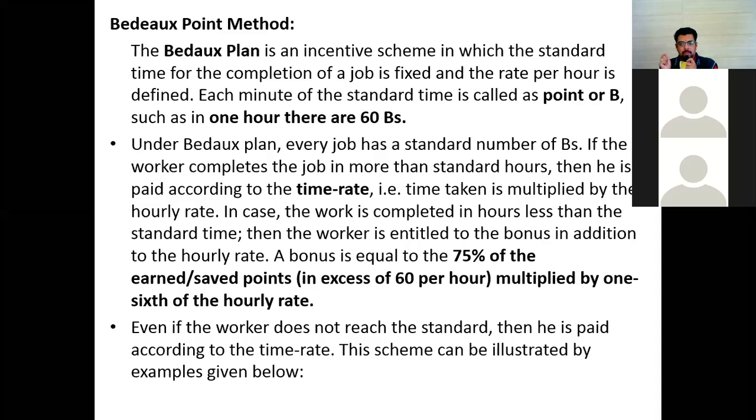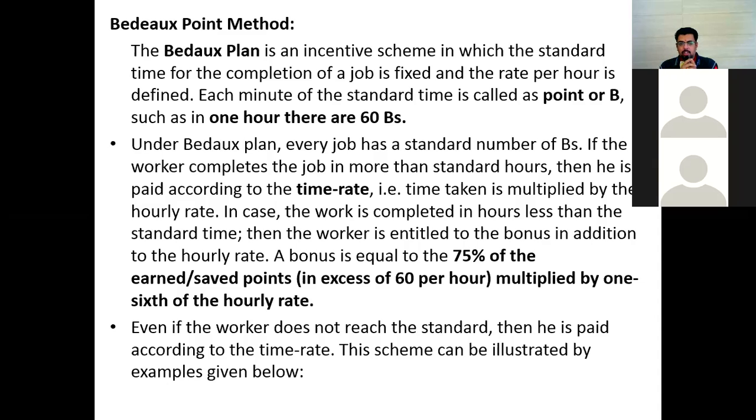On the basis of that, all employees have to work under that rule. Each minute of the standard time is called a point, or B, so in 1 hour there are 60 Bs. Under the Bedaux plan, every job has a standard number of Bs.